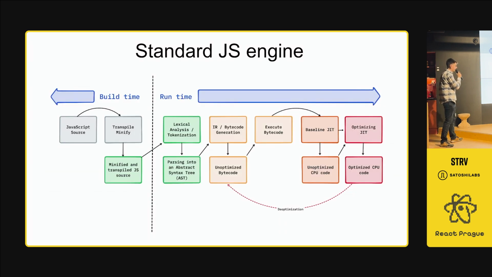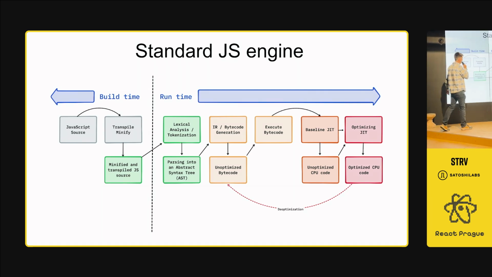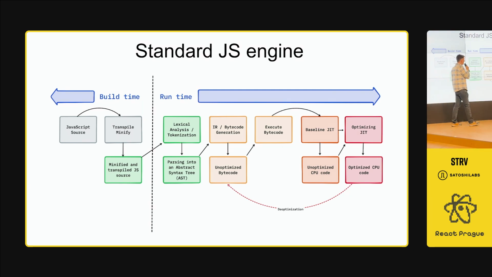So let's go back to this diagram. We now know what bytecode is, at least I hope. And from this bytecode, we have unoptimized bytecode, which is basically just JavaScript compiled to this bytecode. You can perform some optimization on it, but we will get to it later.